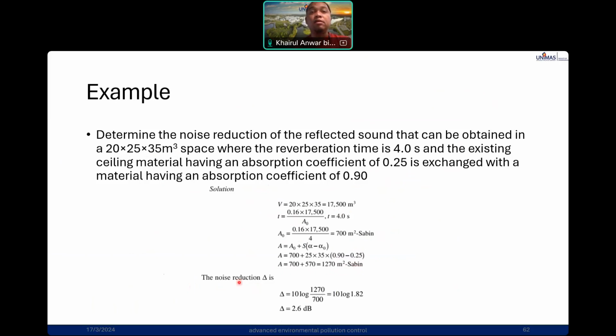Okay, so the noise reduction equal to 10 log 1270 over 700. So you get 2.6 decibel of reduction.